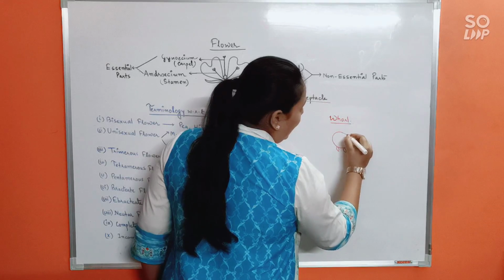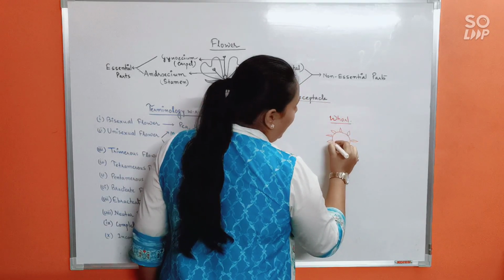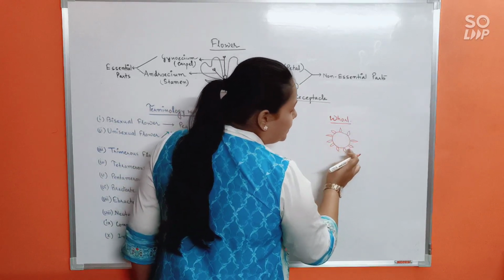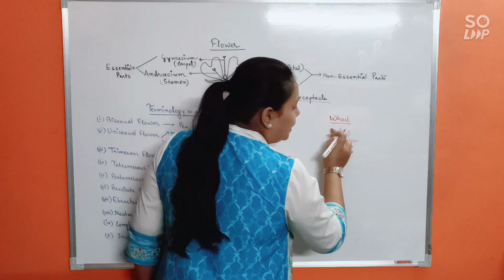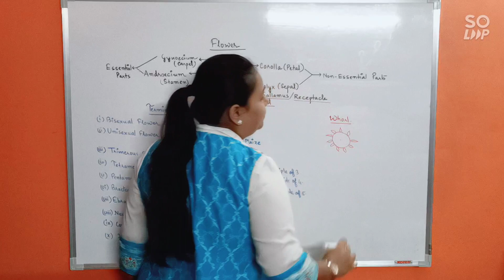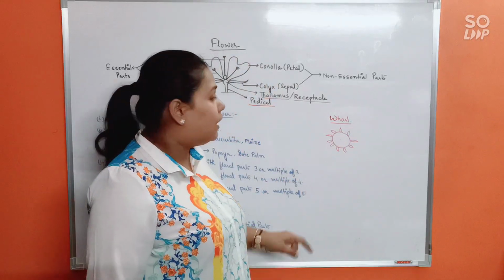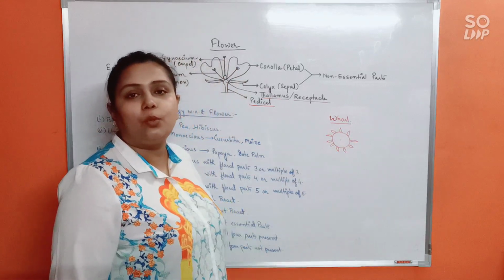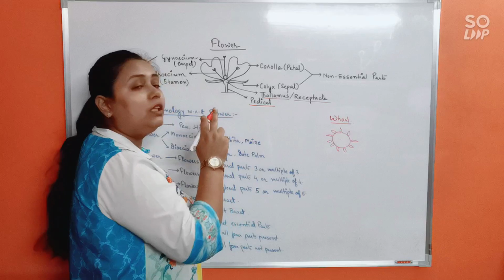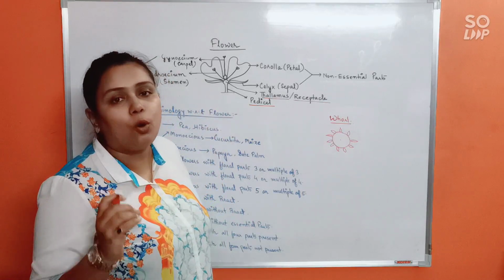This circle-like arrangement is being formed by similar units. Some similar looking units have been arranged circularly, isn't it? And all of them share a common center, isn't it? So this type of arrangement is known as whorl-like arrangement. So in the flower, all the 4 floral parts would remain arranged in the form of a whorl.